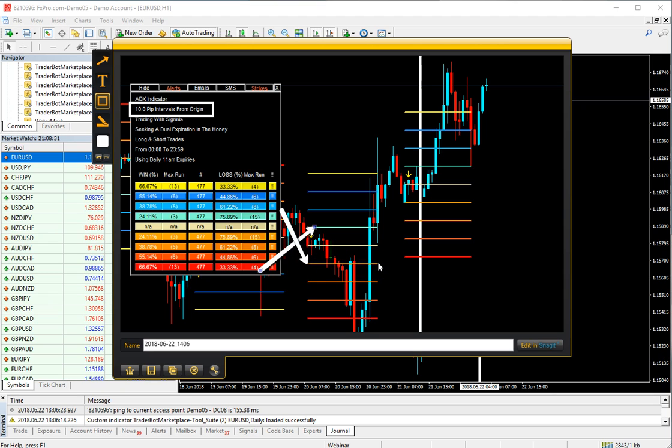For butterfly, we're just looking for the reverse. We want price to close inside, okay? So straddle, we want price to close outside of one of these two ranges. And butterfly, we want it to close inside.